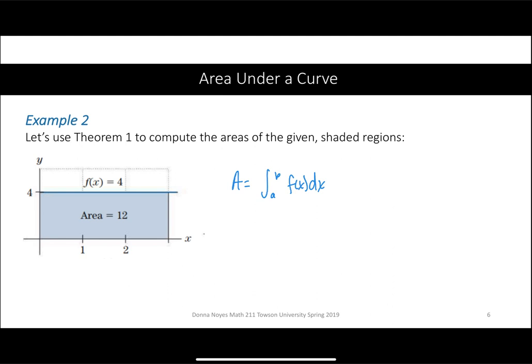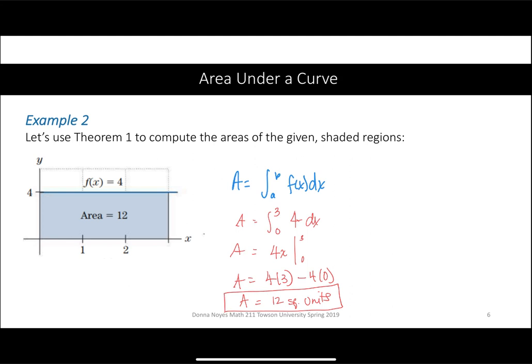Well, in our case, that means our area is the integral from x equals 0 to x equals 3, and our f of x here is just 4. So the integral of 4 is 4x from x equals 0 to 3. So that means it's 4 times 3 minus 4 times 0, or our area is 12 square units. This agrees with what we found just looking at it as a rectangle.